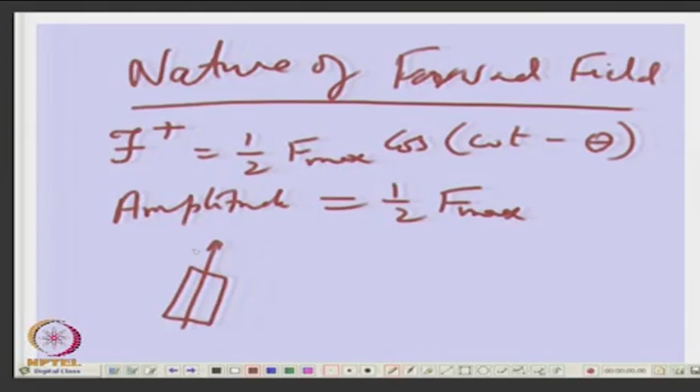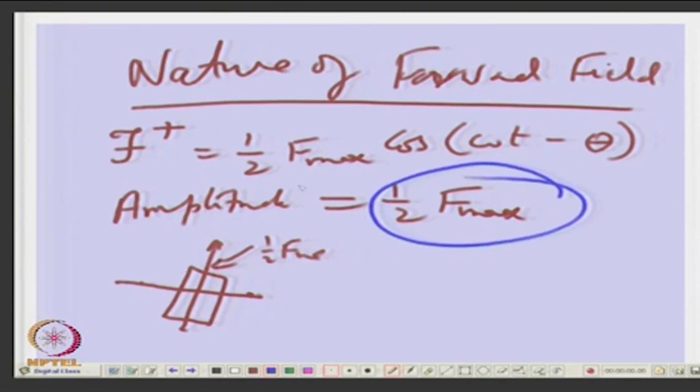So, at this position it will give you half F max, and of course, it will be sinusoidal. Okay. So, here it will be 0, here it will be 0, and here it will be minus F max if you place the magnet. This is one thing we have got.